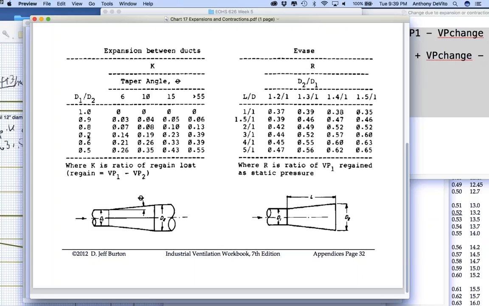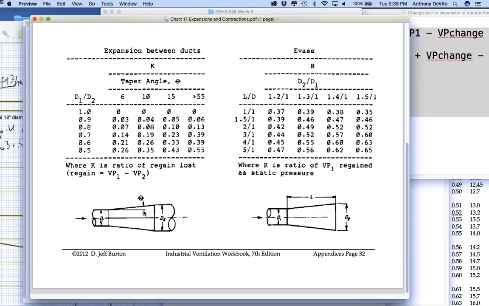So it's 0.7, right? It's closer to 0.66. I don't know if I told you the taper angle, but I'm going to call it 15 degrees. So the K factor is 0.23. What's that 15 degrees? That's the angle of the duct here. See this little theta here? That's the 15 degrees.